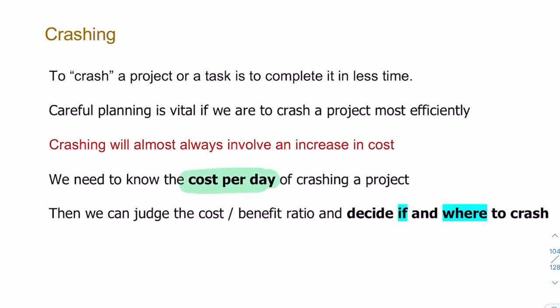It could be per hour, per week, per month, but we need to know a cost per unit, and that'll help us decide 2 things: if we're going to crash the project, because we might not be able to afford it, and where exactly to crash it, i.e. which activities we're going to crash. That'll determine whether crashing is going to happen and what the total new critical time will become.